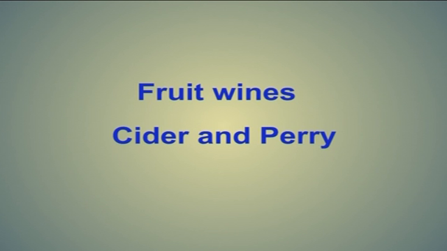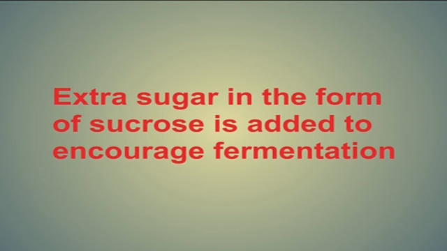Fruit wines, that is cider and perry. Often fruits do not contain enough sugar to make a potent alcoholic beverage. Under such conditions, extra sugar in the form of sucrose is added to encourage fermentation. Fruit wines are popular in some countries where grapes cannot thrive.